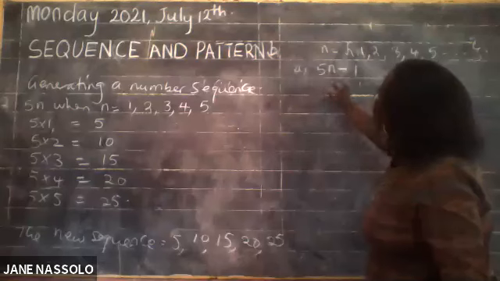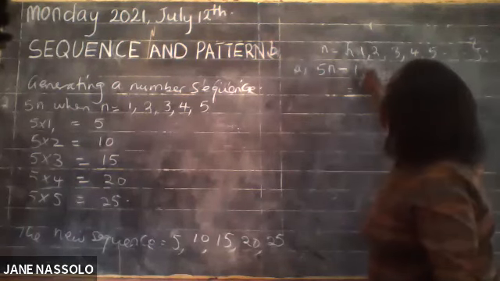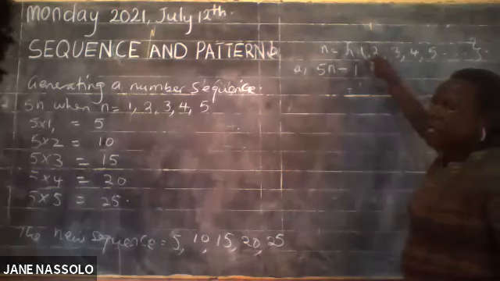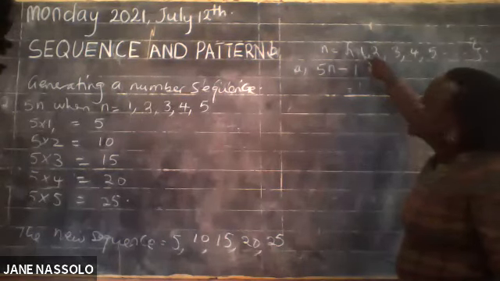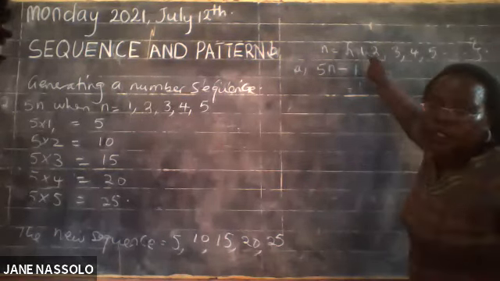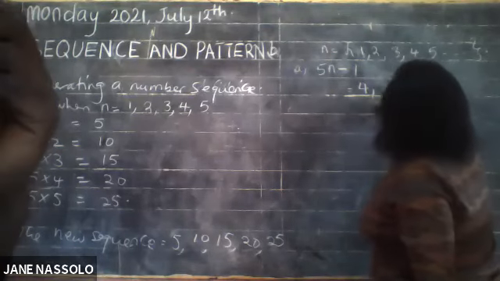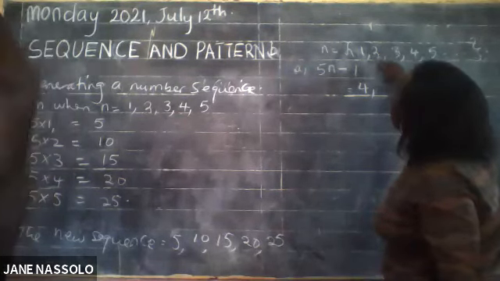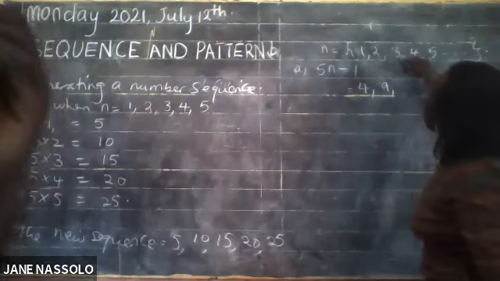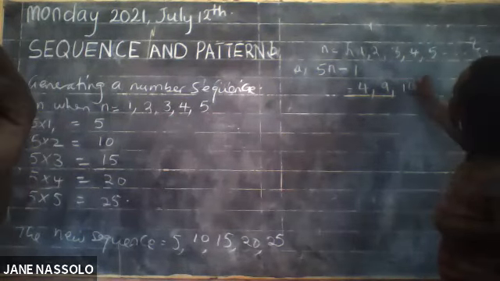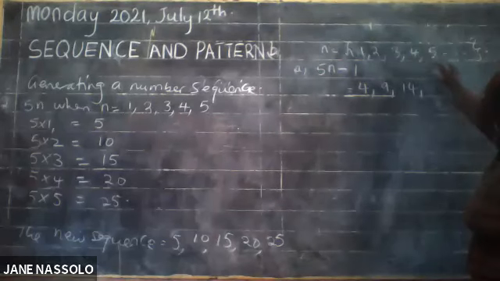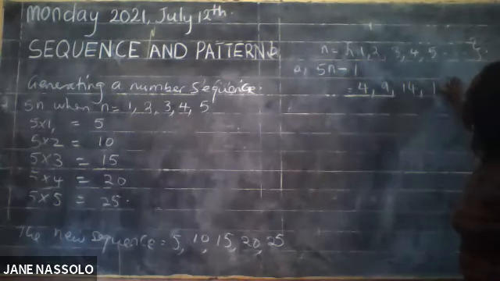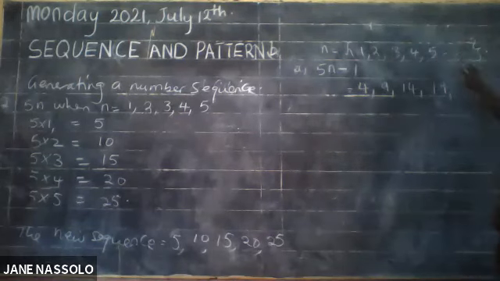Can we substitute in the formula and obtain the numbers? What would be the first number if n is 1? 4. Then the next number? 9. The next number? 14. The next number? 19. The next number? 24, and so on.